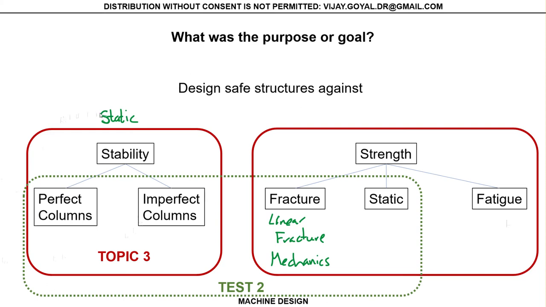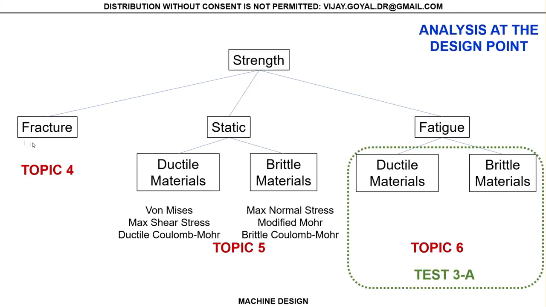So first we understand everything static. We want to do buckling analysis in a nutshell. And then we're going to do fracture and static. So done with buckling and strength, topic number 4 is fracture. Topic number 5 is going to be static failure due to static loading.